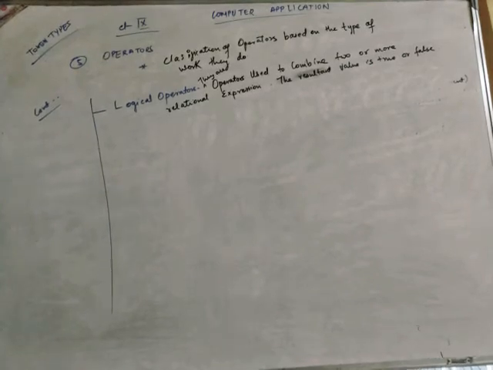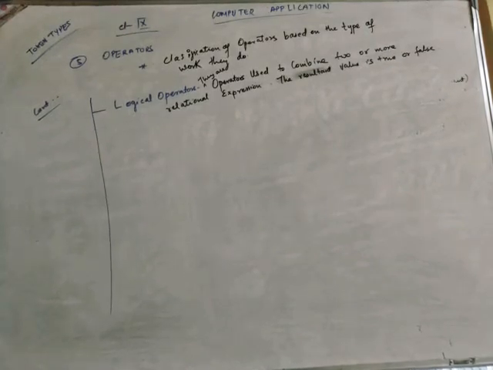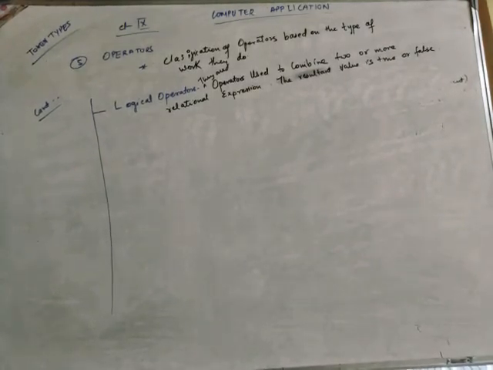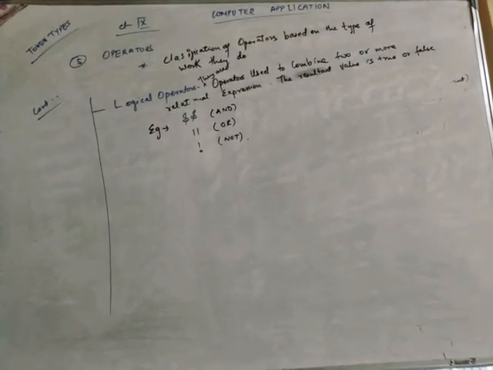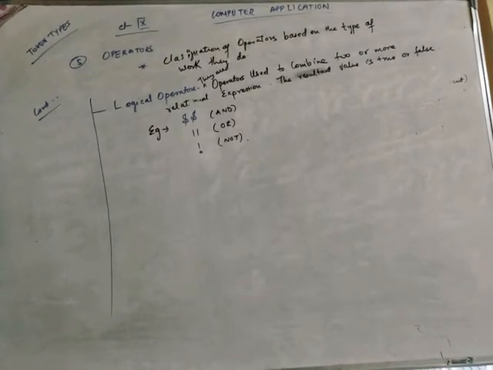When you're combining two or more relational expressions, it is done by using logical operators.